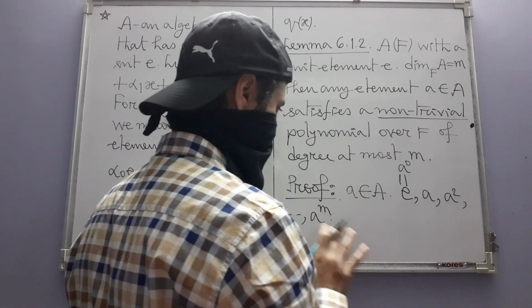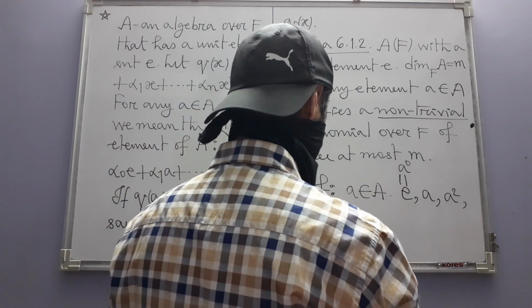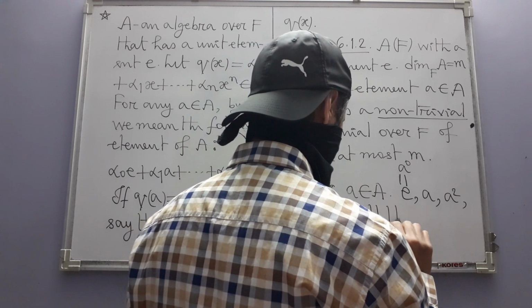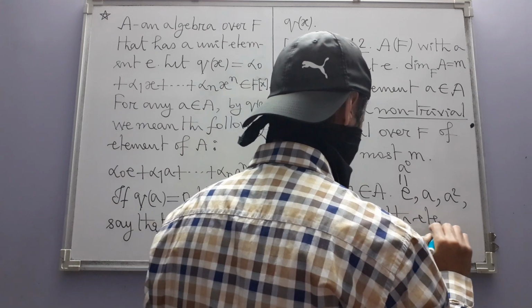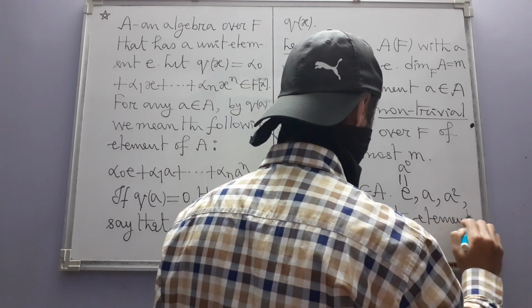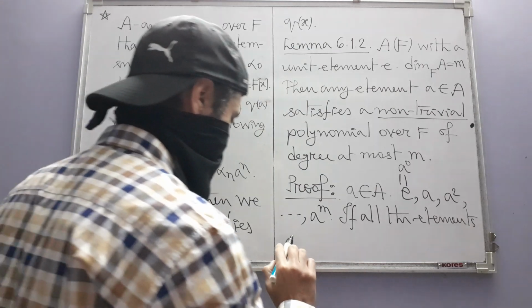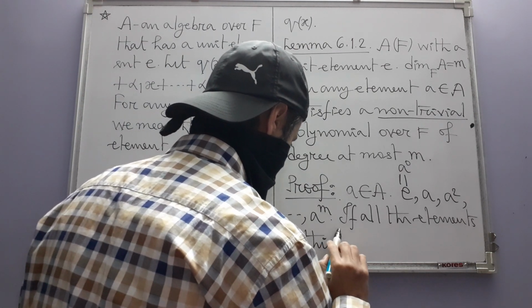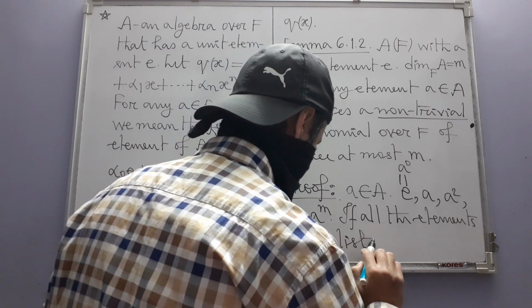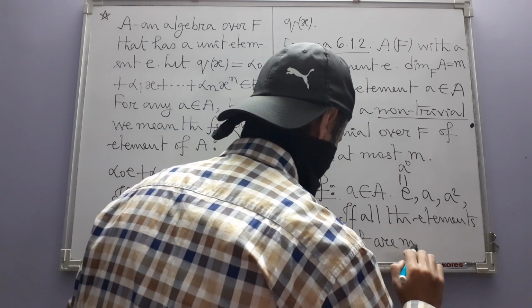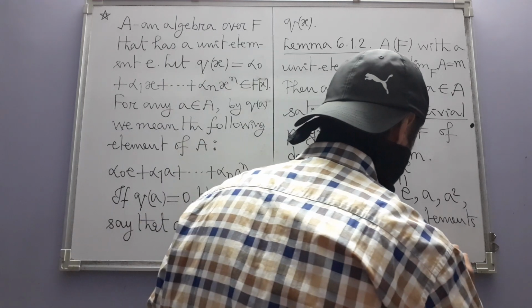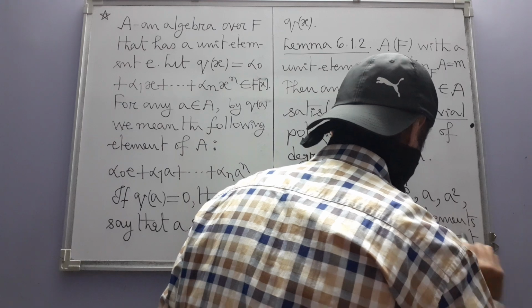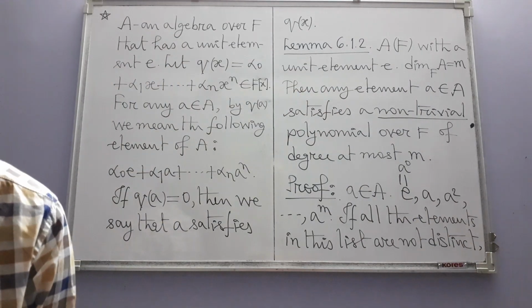It is in a sense very easy. If all the elements in this list are not distinct, then what happens?